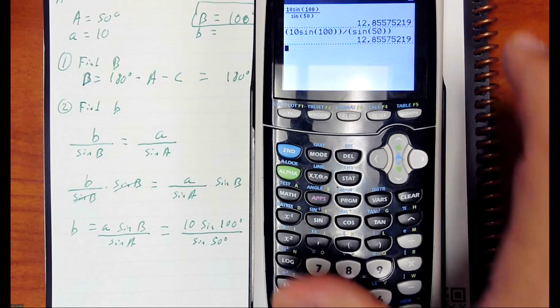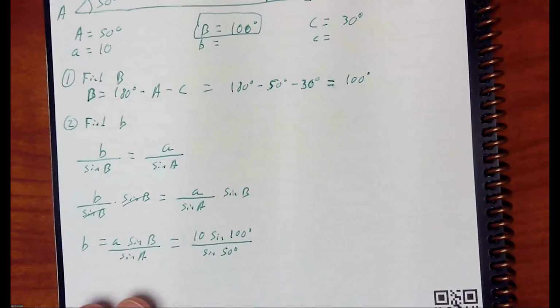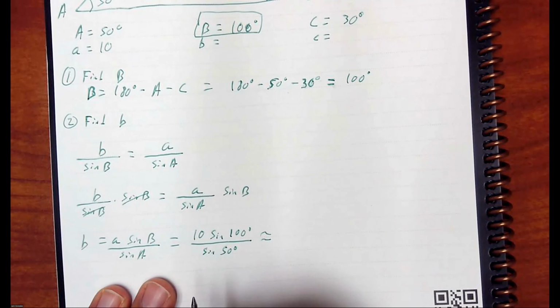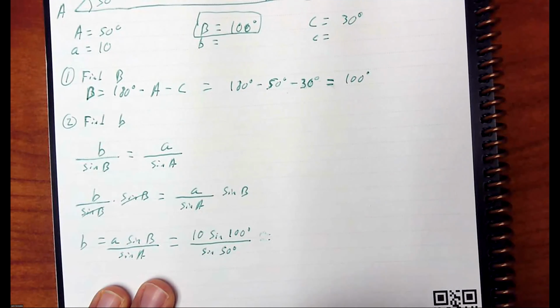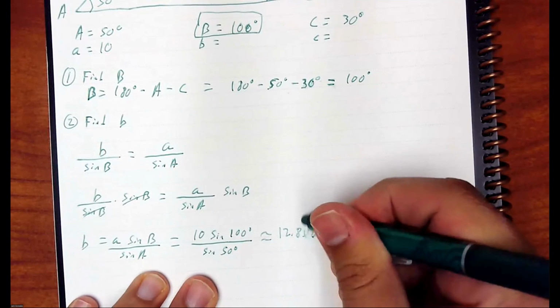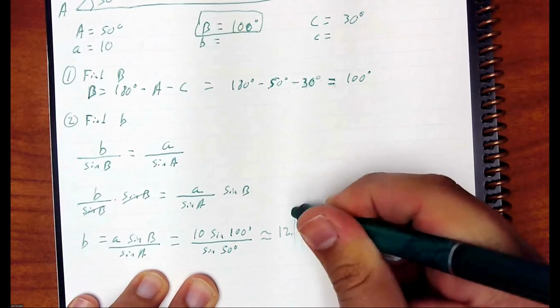Okay. So little b is approximately 12.856. I didn't say how much to round to, so let's do one decimal place, that's too much to write. 12.9.